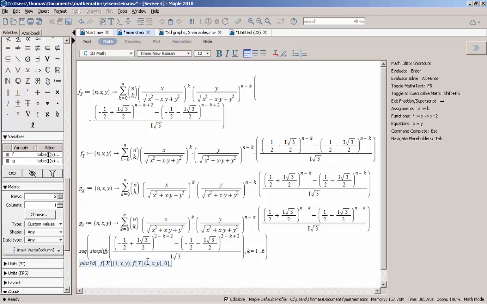Okay, x is equal to -10 dot dot 10, y is equal to -10 dot dot 10. We can actually put in an exact number of points. So we're going from -10 to 10.